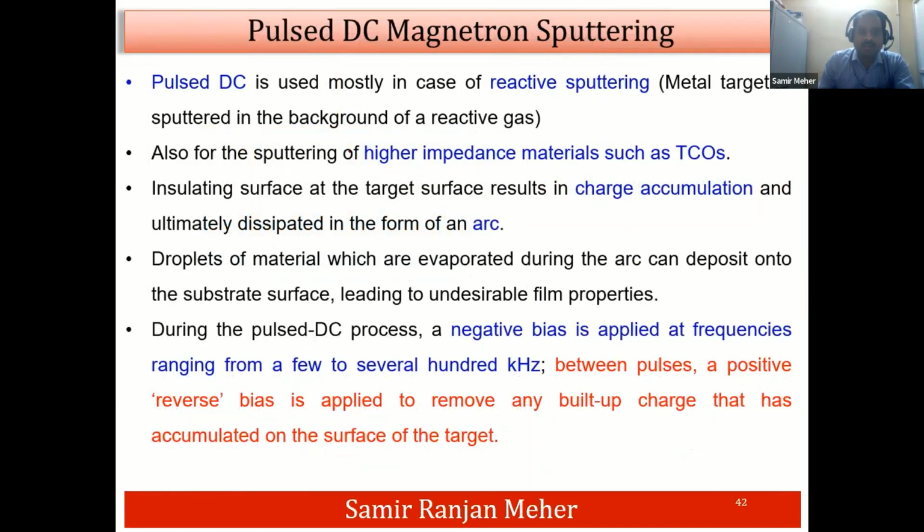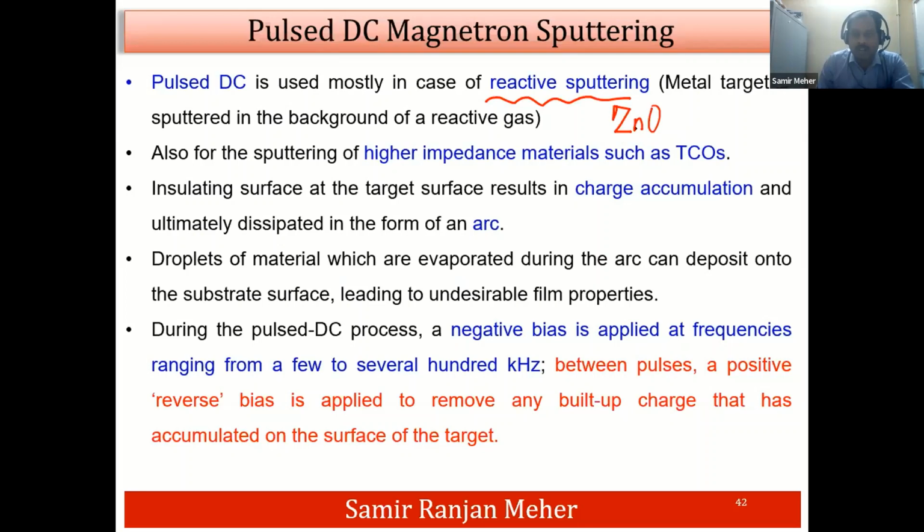But one problem with this DC magnetron sputtering is the poisoning of the target when you are going for reactive sputtering. In reactive sputtering, what we do is that the metal target is sputtered in the background of another reactive gas, for example, oxygen. Suppose I want to make zinc oxide thin films.